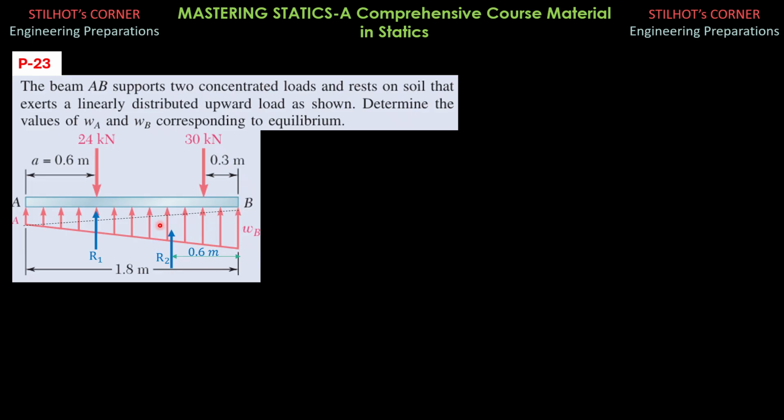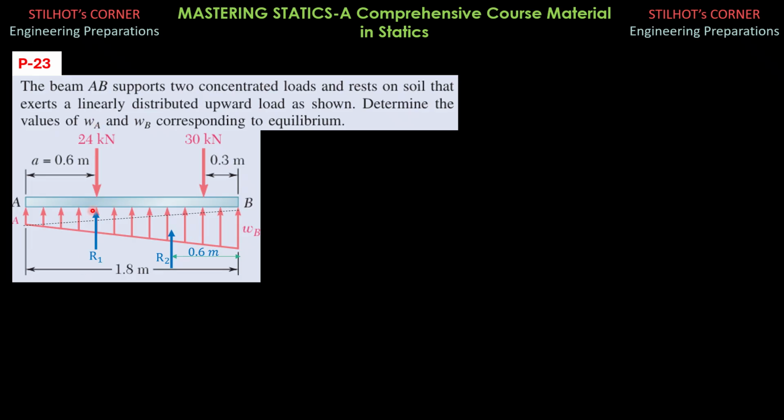Now the location of R2 is 1/3 of 1.8 from the right, so 0.6. The location of R1 is 1/3 of AB, 1/3 of 1.8, so 0.6. So that means this 24 kilonewton load and this R1 are collinear in action.